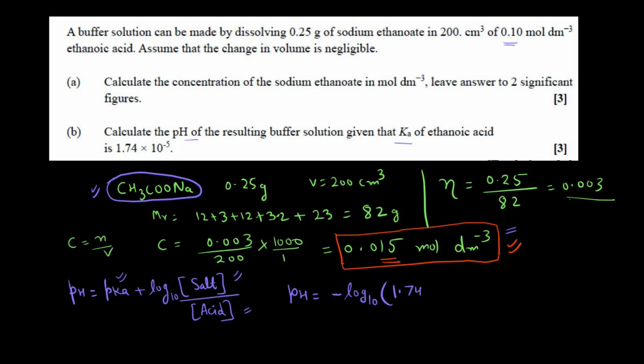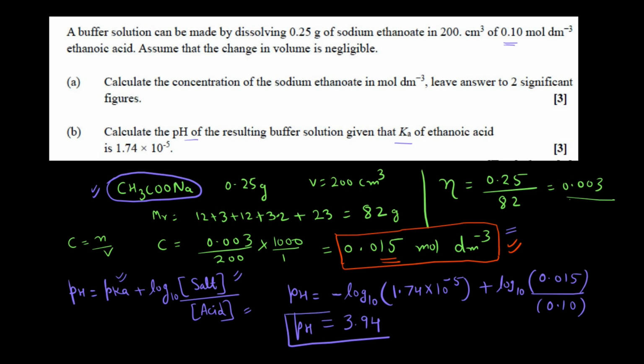Ka is 1.74 times 10 to the power minus 5, plus log to the base 10 of the concentration of salt, 0.015, divided by 0.10. When we solve this, pH comes out to be 3.935, so we can change it to 3.94. So this is our pH.